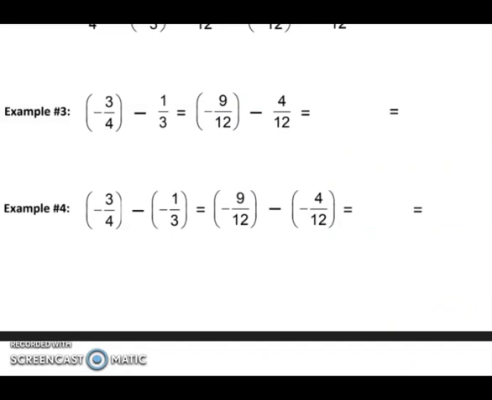Number 3, you have negative 3/4 minus 1/3. Common denominator is still 12, so I have negative 9/12 minus 4/12. So I'm going to put the numerators together.